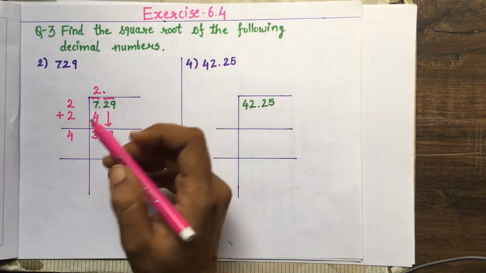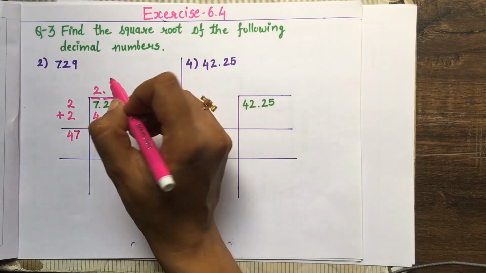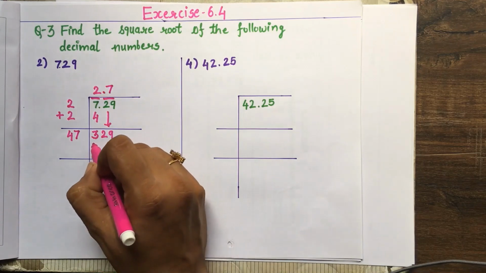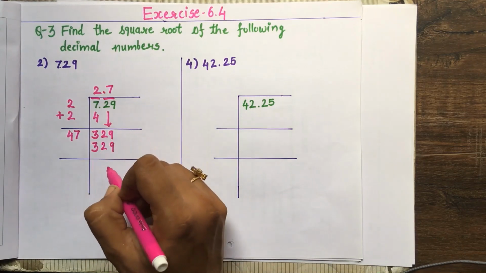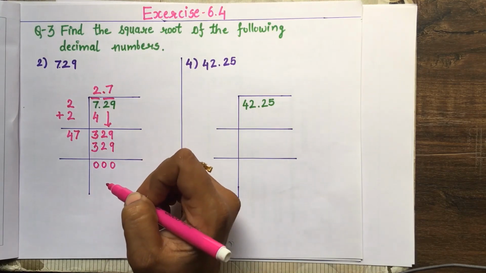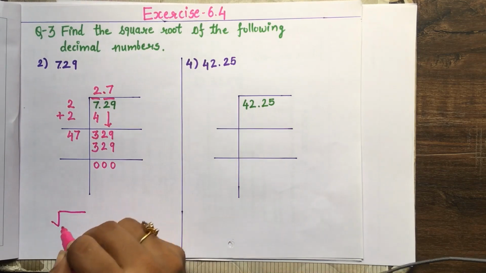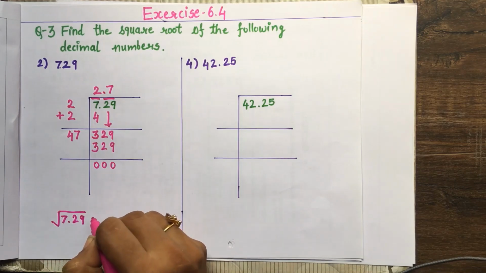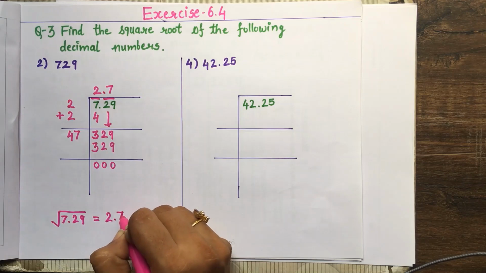Here the number will be 7. So 47 7s are 329. The remainder will be 0, and the square root of 7.29 is equal to 2.7.